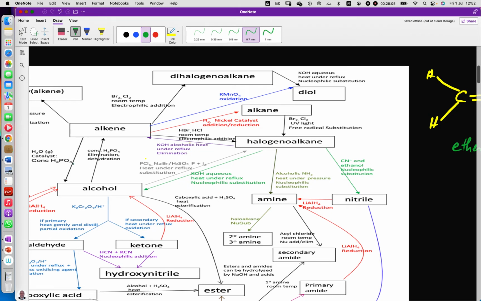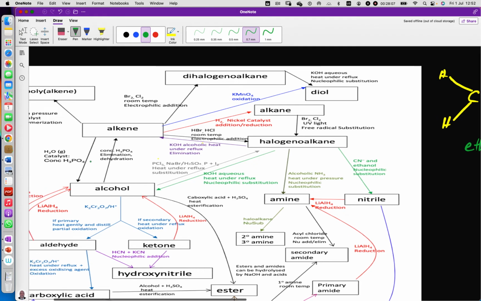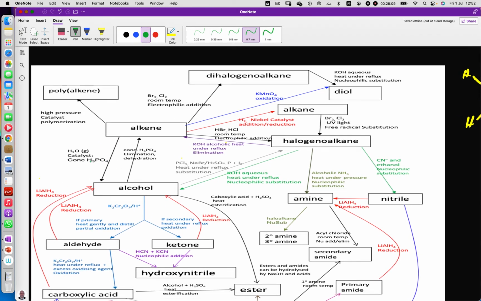Alkene can undergo hydration using phosphoric acid as a catalyst to produce an alcohol, and that alcohol will be ethanol.